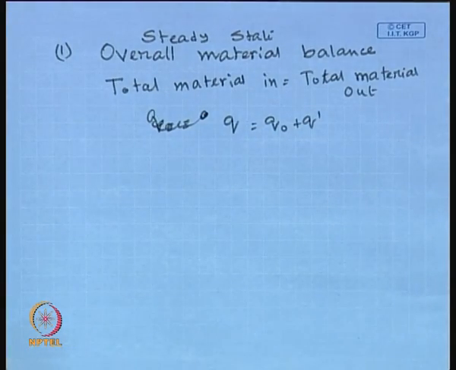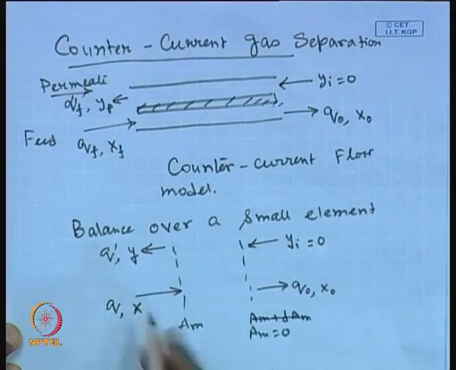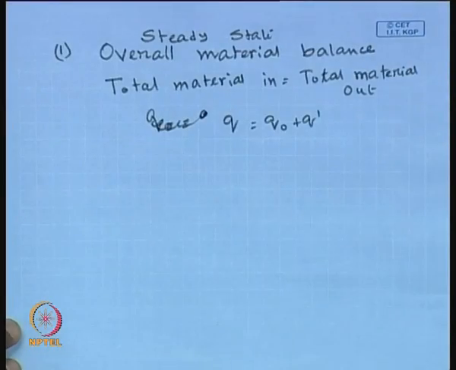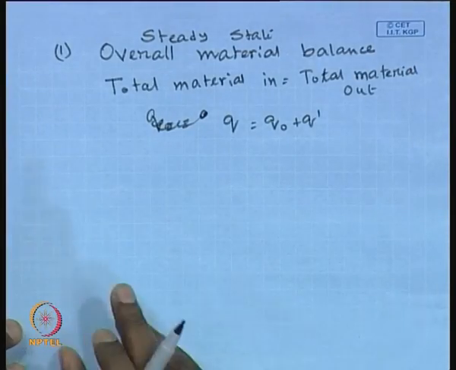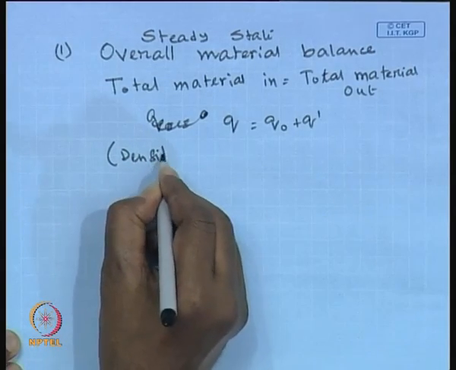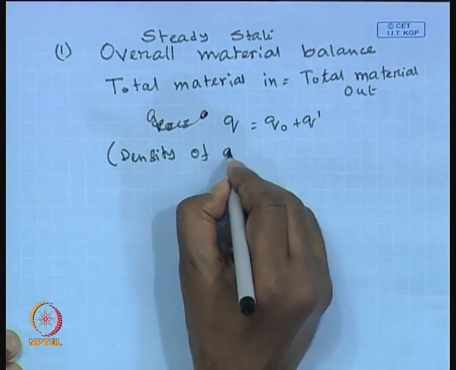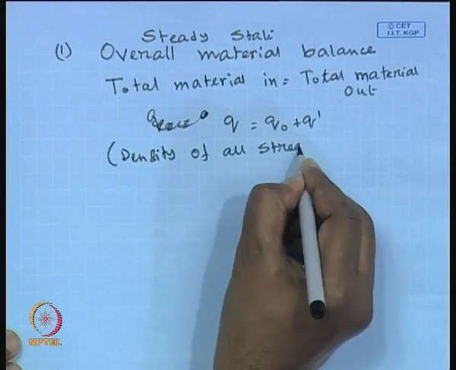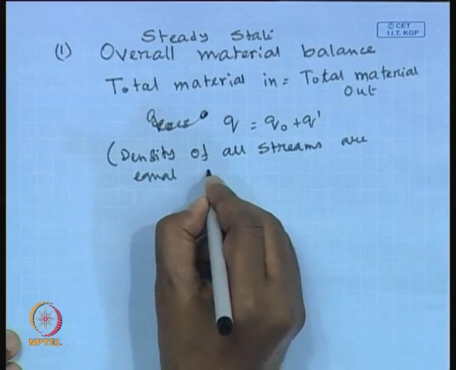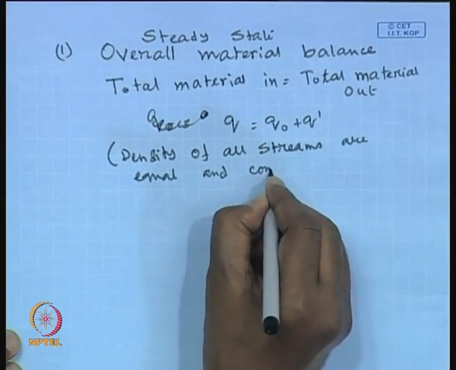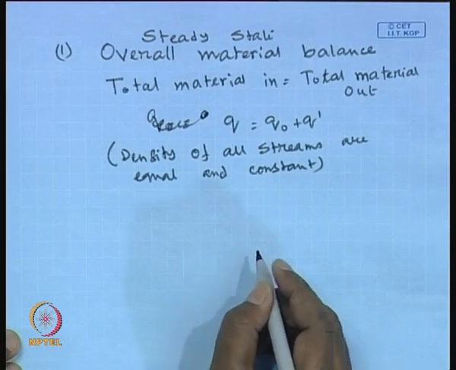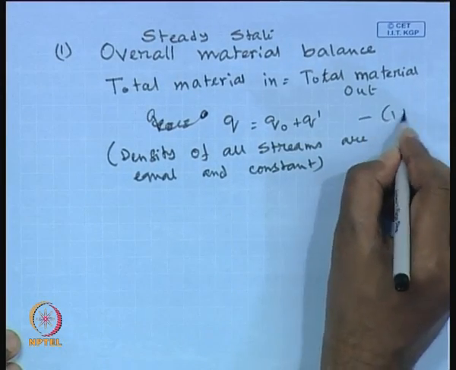Okay. Q is total material going in, Q 0 plus Q prime, and we are assuming that the density of all streams is equal and constant, they do not vary over the length of the membrane. So, this is one equation.